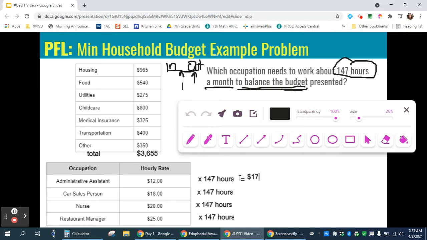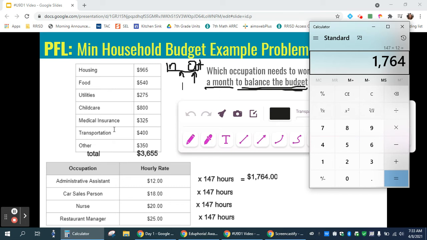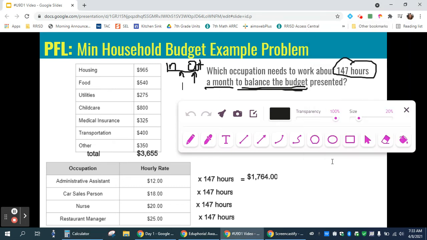Yikes. That's about half of what we're going to need for our monthly income to make sure it's balanced. So that's not going to work.